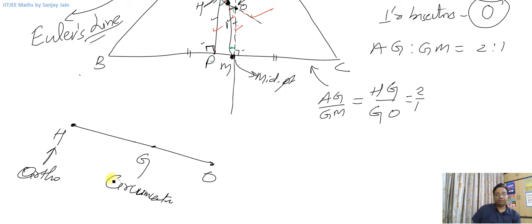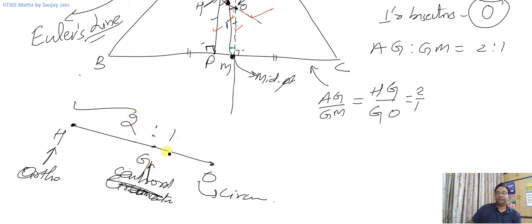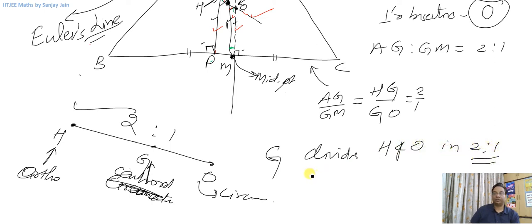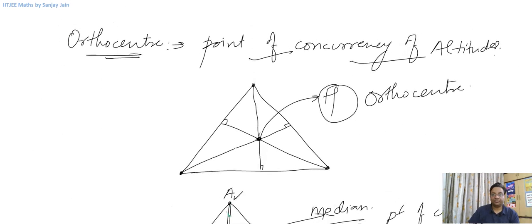So now I know that this line is divided by this centroid in 2:1, right? So the centroid G divides the line joining H and O in 2:1, or you can say HG is to GO is equal to 2:1. It is important that you memorize this fact, right?